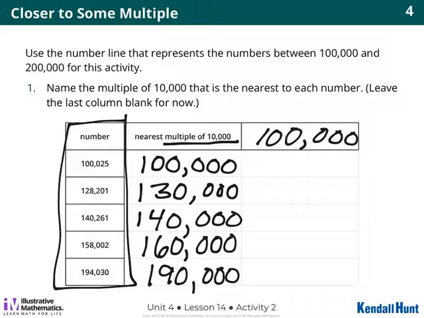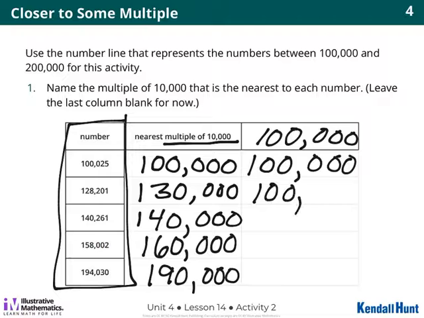So 100,025, is it closer to 100,000 or 200,000? Chase. 100,000. 100,000, does everybody agree? Yeah. Well, it's only 25 away, so yes, you are correct. 128,201, what's it closest to, Aaron? It is closest to 100,000. 100,000, okay.